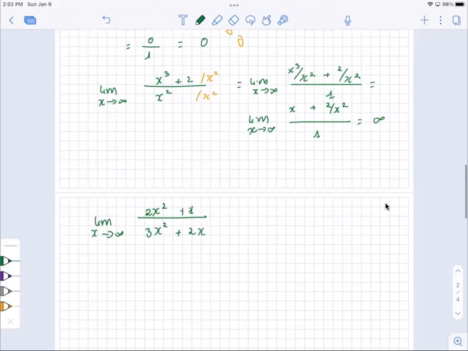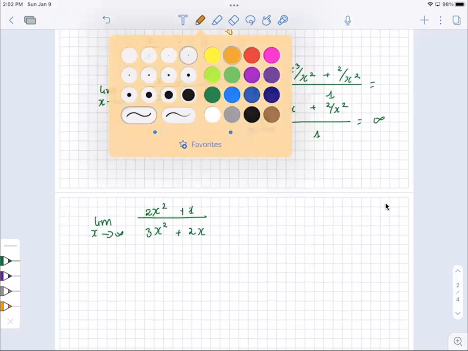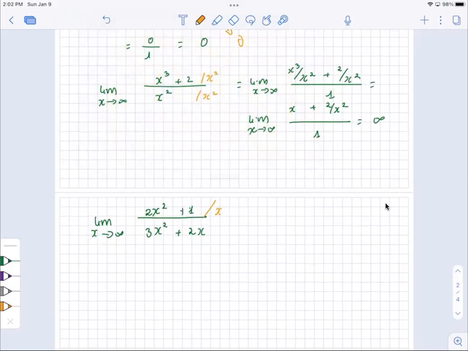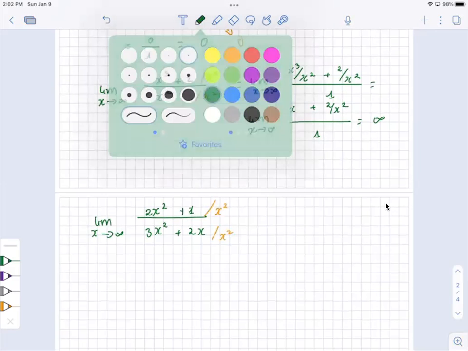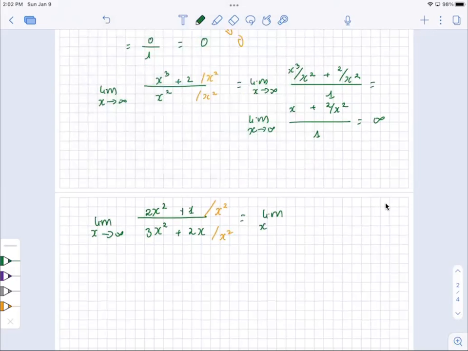So now we're going to do the same method that we just talked about, divide by the highest power of the denominator, right? So that will give us the limit as x approaches infinity of, on the top, 2x squared divided by x squared, which gives us a 2, plus 1 divided by x squared. And then the bottom, 3x squared divided by x squared gives us a 3.